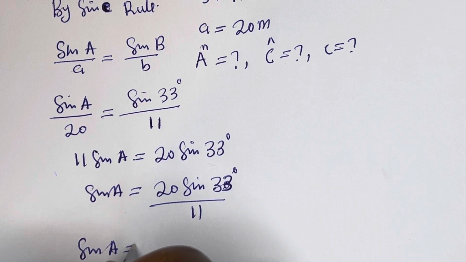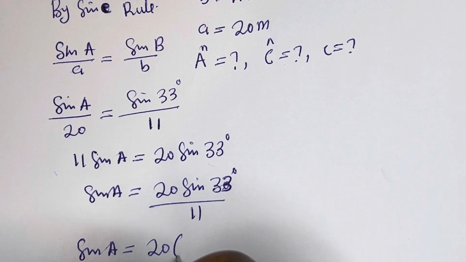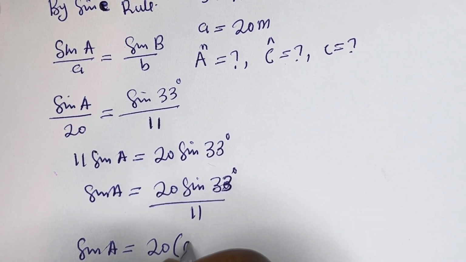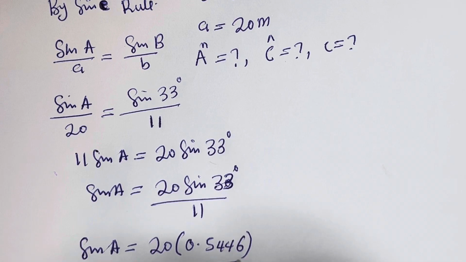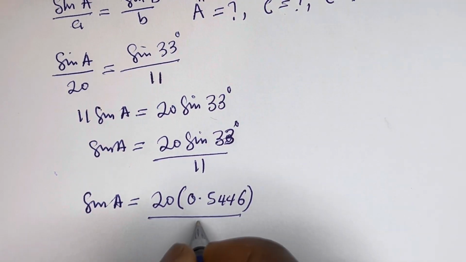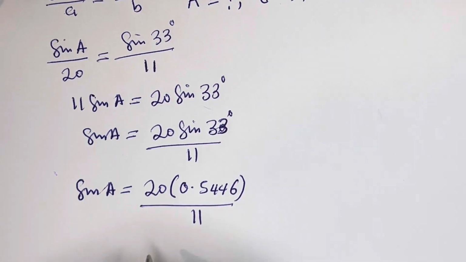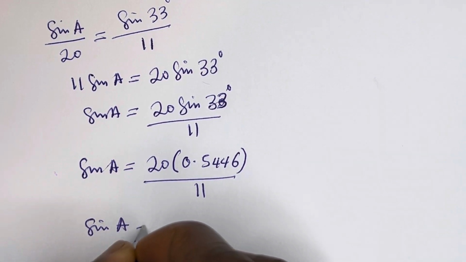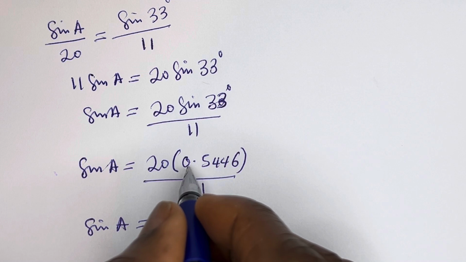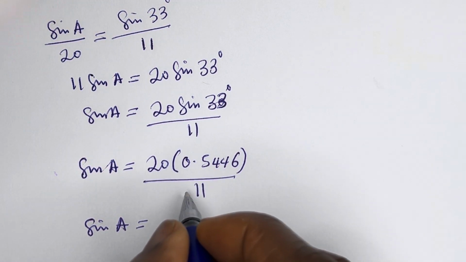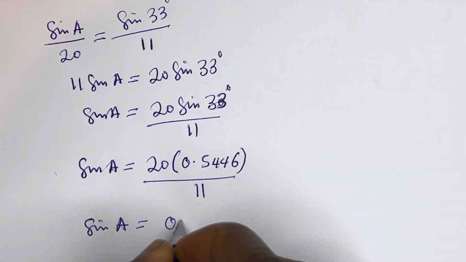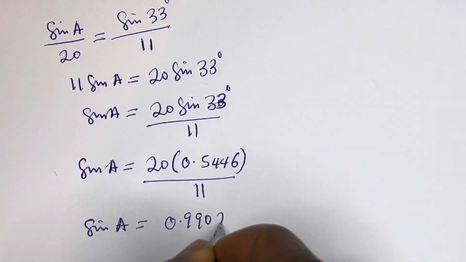Sine A is equal to 20 multiplied by sine 33, that is 0.5446, divided by 11. Now sine A is equal to 20 multiplied by 0.5446 divided by 11, that will be 0.9902.